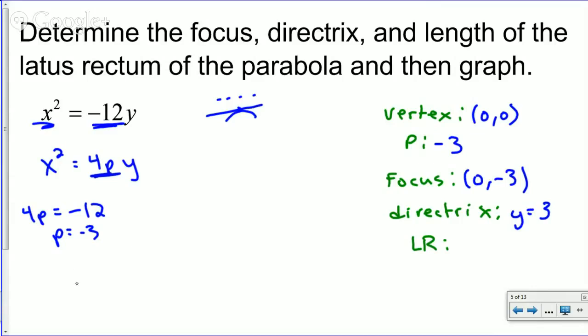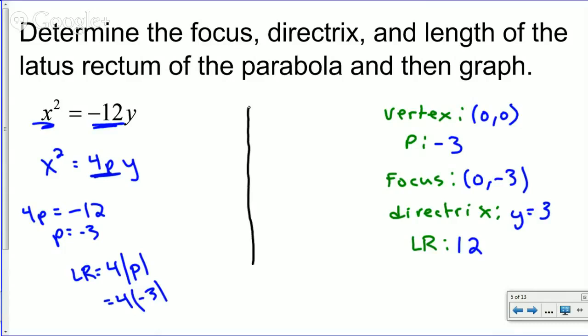And then LR. So LR equals 4 absolute value of p, which p is negative 3. So the absolute value of negative 3 is 3, times 4 is 12. So my LR is 12. So let's clear this out here and graph out what's going on.